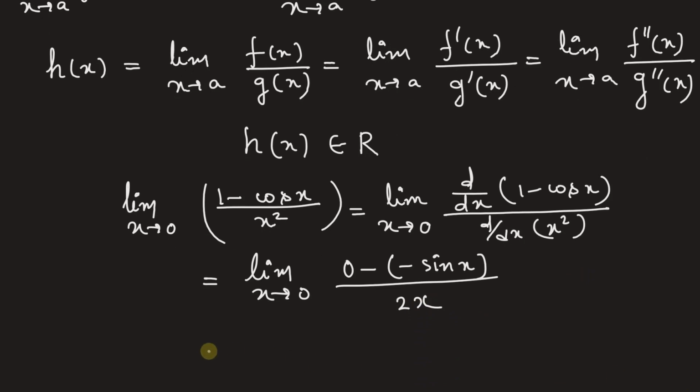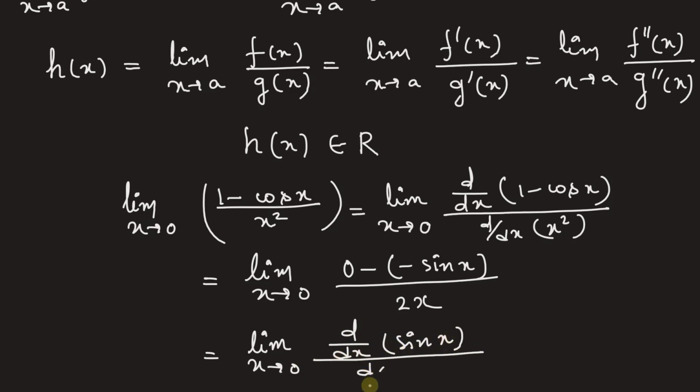So what we can write here, applying L'Hopital's rule again, limit x tends to 0, d upon dx of sin x divided by d upon dx of 2x, and this you can write as limit x tends to 0. Now the differentiation of sin x will be cos x, and differentiation of 2x is 2.